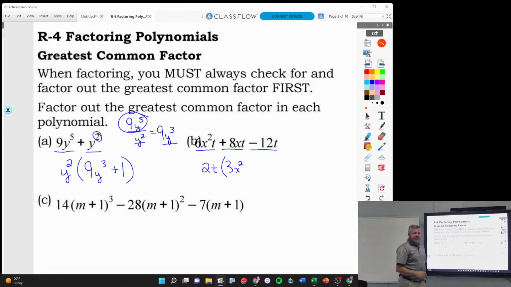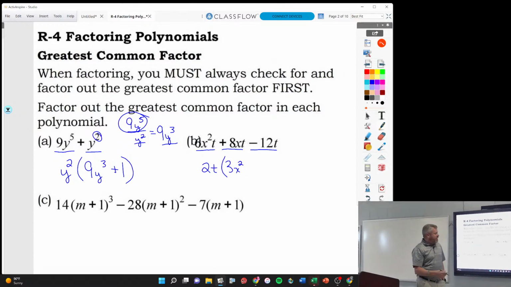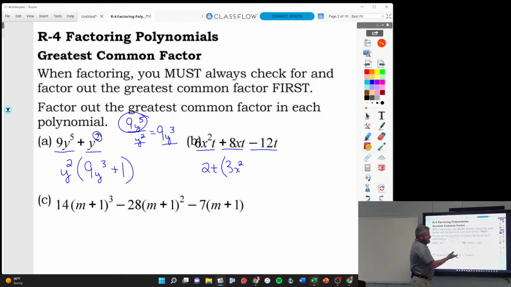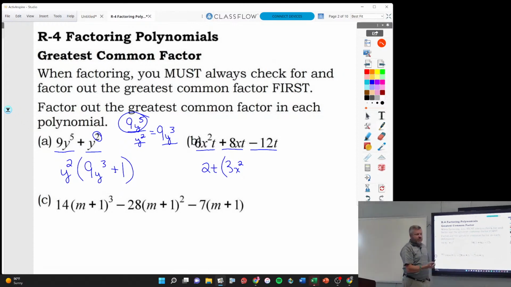And t divided by t would be 1. And there's no need to write that 1 down because I already have a 3x squared. So let's ask ourselves, is it true if I multiply 2t times the 3x squared, will I get 6x squared t? So let's see. 2 times 3, there's my 6. I have an x squared times 1 is just x squared. I have a t, t times 1. Okay, good. That will get me the 6x squared t.